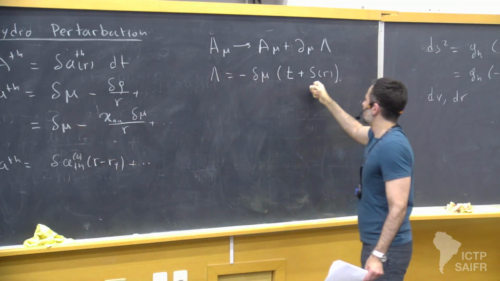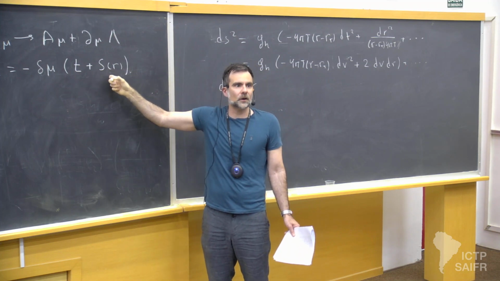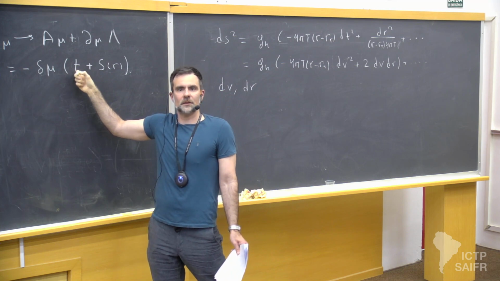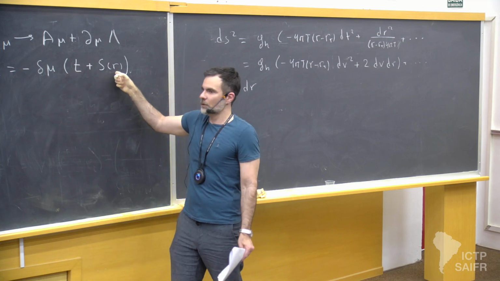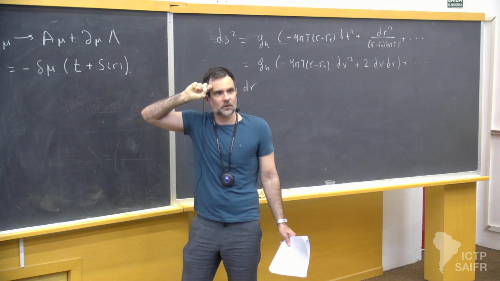And I'm adding this function s of r because I want the gauge transformation to be regular close to the horizon. If I just had t here, I would have a singularity at the horizon. If I combine it with this function s of r, I'm going to get the ingoing Eddington-Finkelstein coordinate.